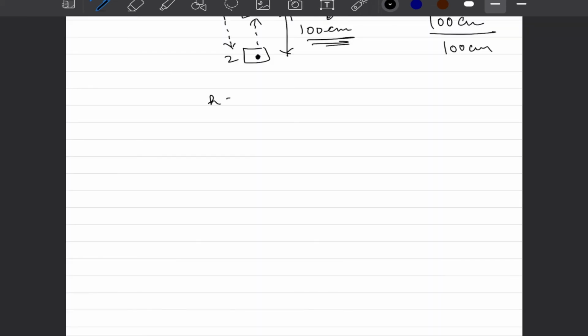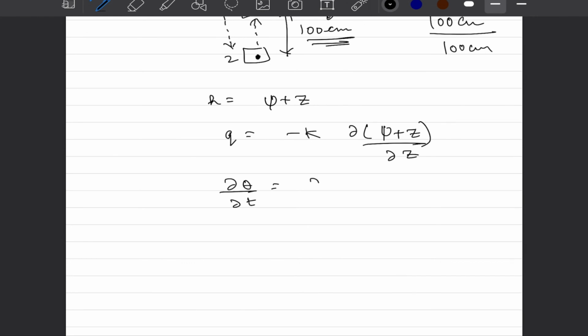Now that we have understood our H is equal to phi plus Z and our Q can be written as minus K del of phi plus Z divided by del Z, and del theta upon del T is equal to minus of del Q upon del Z, we will combine 1, 2 and 3 to arrive at our famous Richards equation.